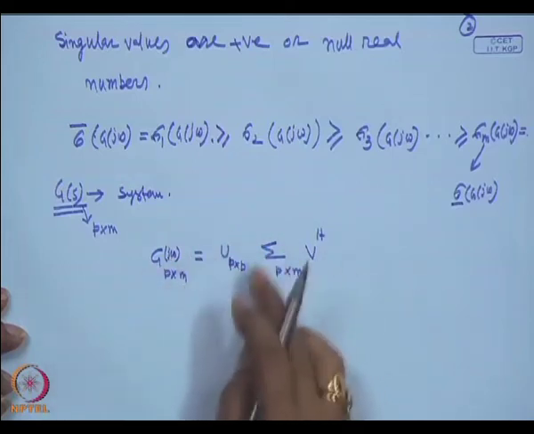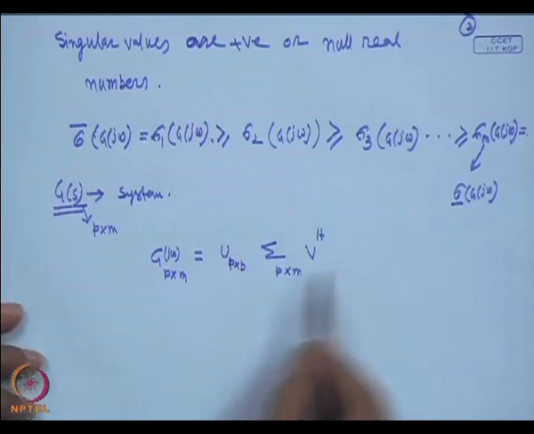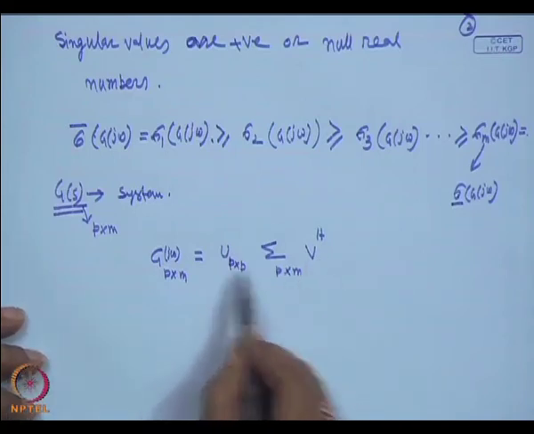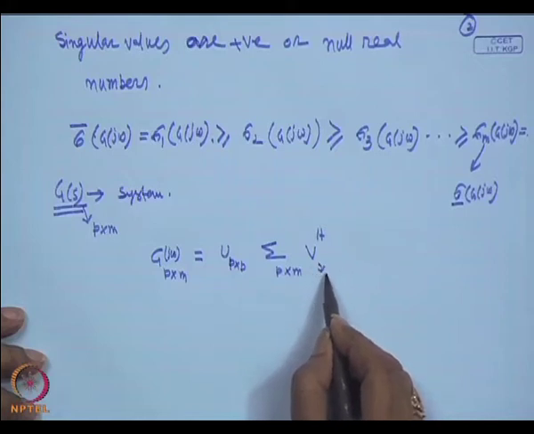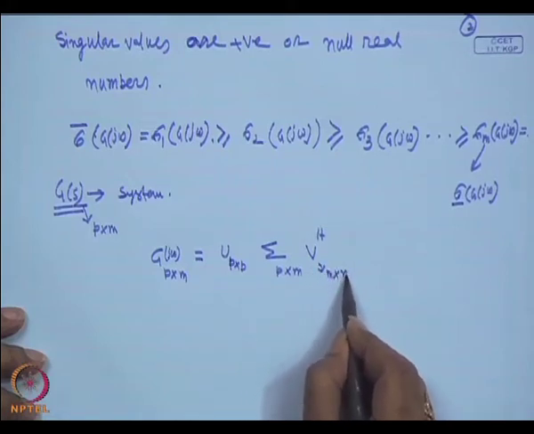These are complex quantities, and this matrix has dimension M cross M.